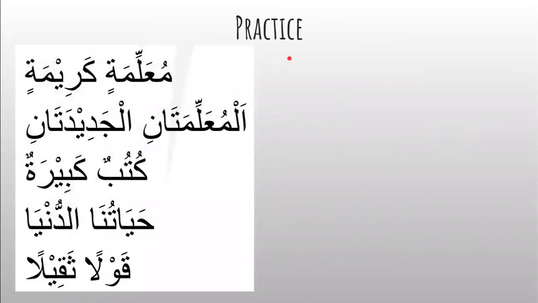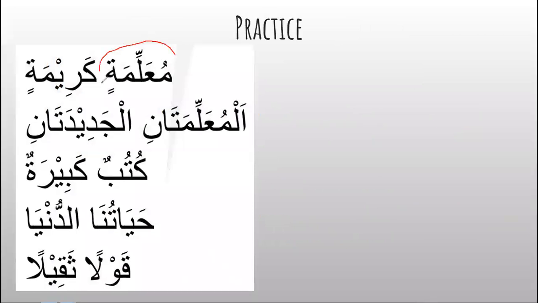Okay, so muallimatin is a word, and karimatin is another word. First look at the first word, muallimatin. What is the status, number, gender, and type of this word? What are the properties of this word? Muallimatin, as you can see, has an in ending and a tamarbuta.